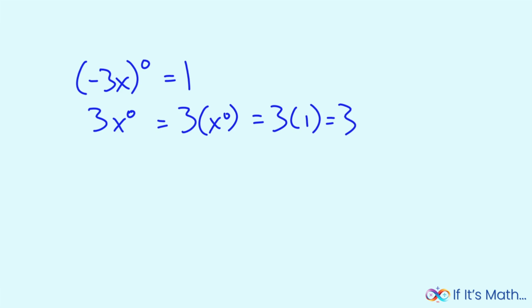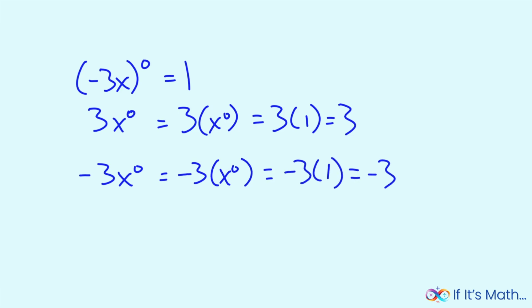Again, you just have to pay really close attention to what's being raised to that exponent. Same thing here: let's say we had negative 3 times x to the 0 power. Well, that's negative 3 times x to the 0, which is negative 3 times 1, which is negative 3. So you just have to pay really close attention to what's going on.